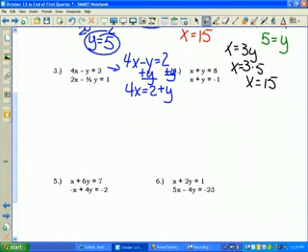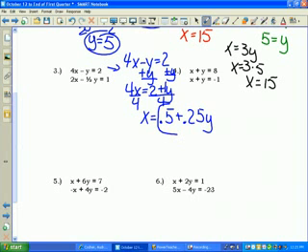I'm adding. From here, I'm going to divide everything by 4. So in this case, I have x equals 0.5, because I know how much you love fractions, plus 0.25y, because there's a 1 that's assumed to be in front of that y. So 1/4 y.